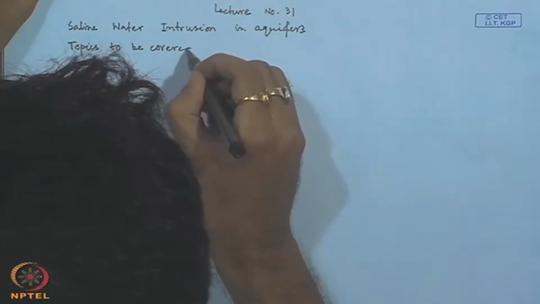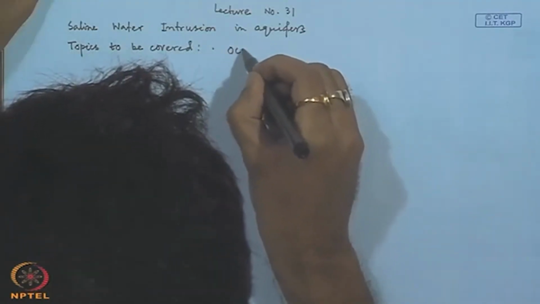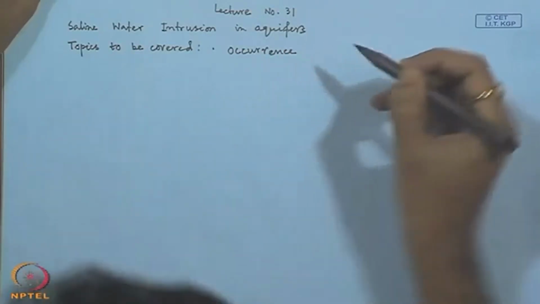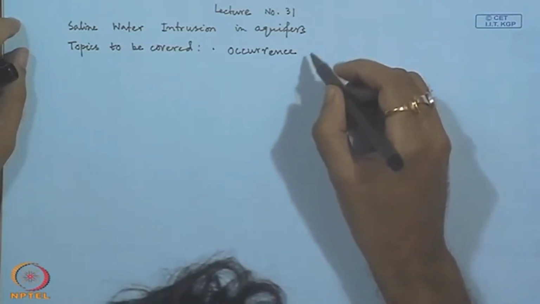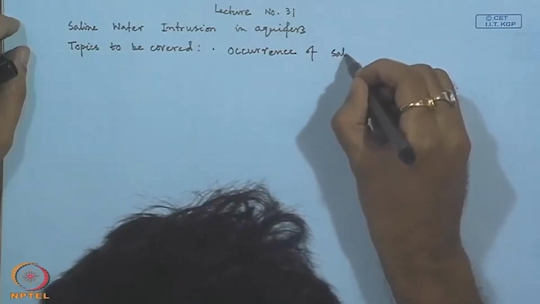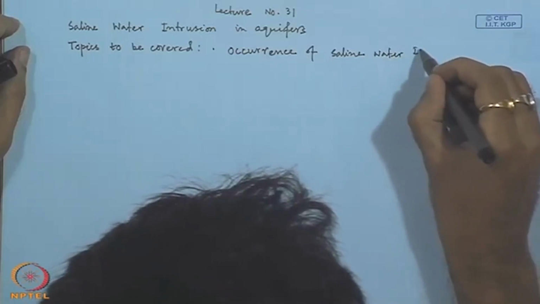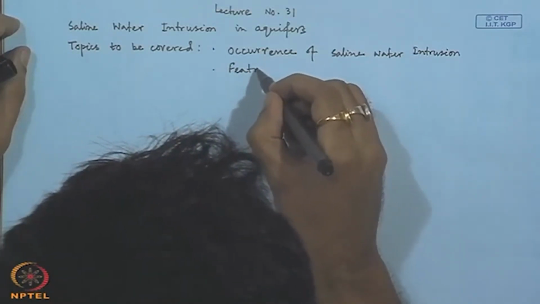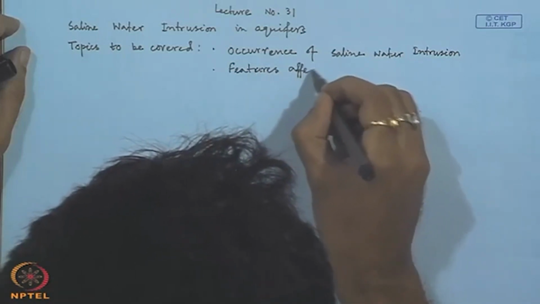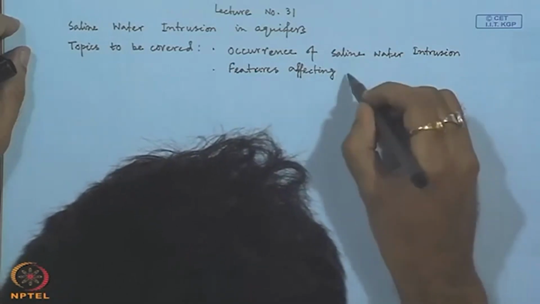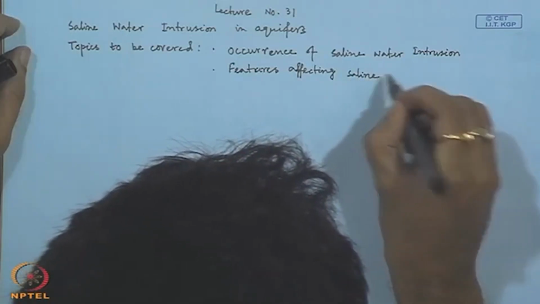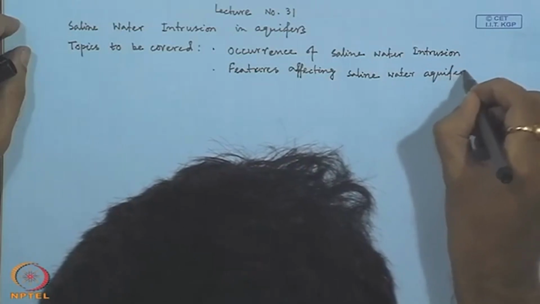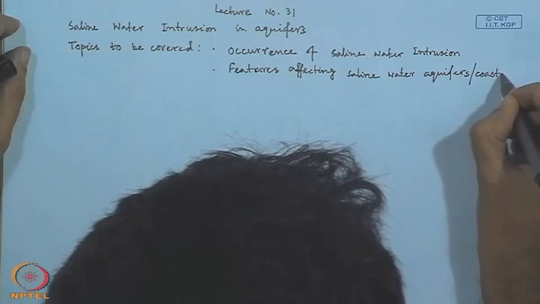class are occurrence of saline water intrusion, second is features affecting saline water aquifers or coastal aquifers.